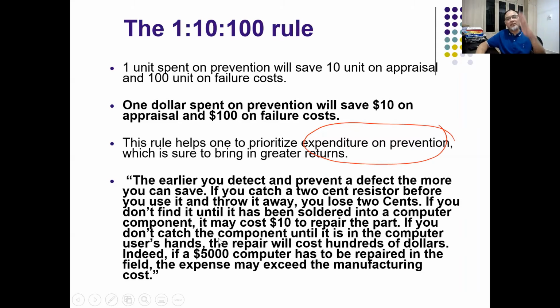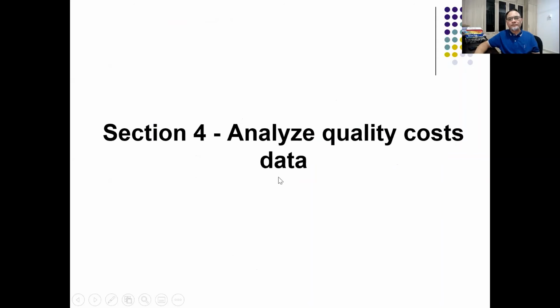This is what I mean by exponential increase in cost as you go further away from the point at which you detect and prevent that defect or problem. This concept applies not only to products, but to services as well, and to human life as well. If you can prevent your body from sickness, you will prevent costly surgery being done to you. So think about it.